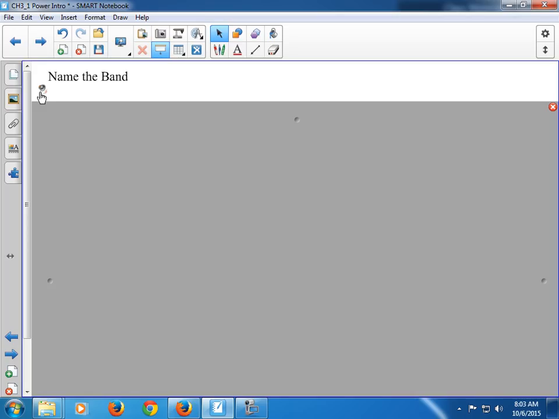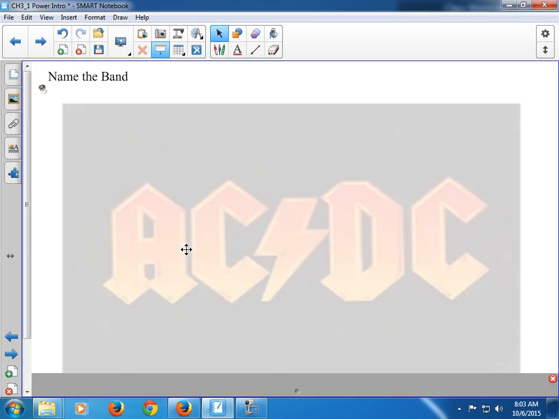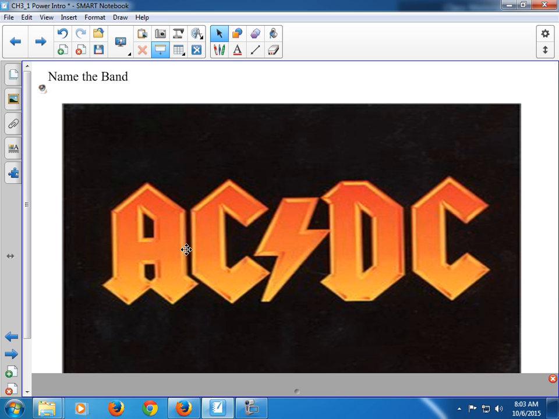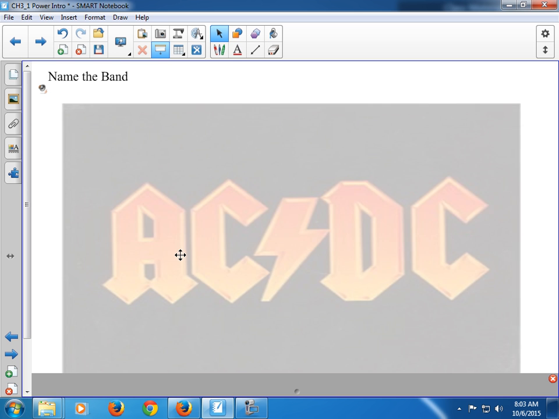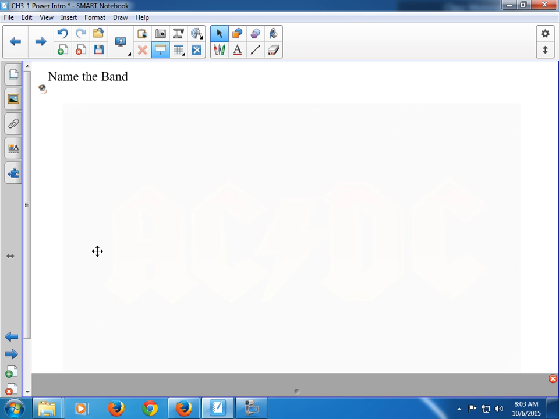No? Yeah, of course it's AC/DC. Okay, so it's AC/DC. I had to cover that because you could see through it. It's supposed to be invisible. So I did that anyway.